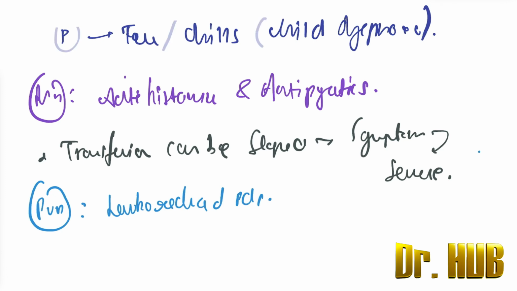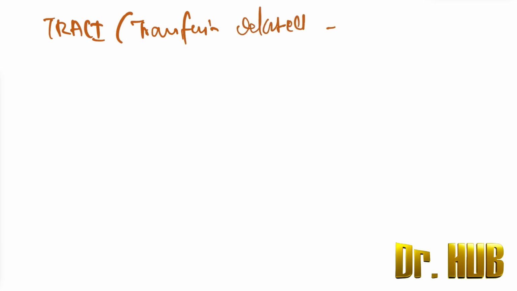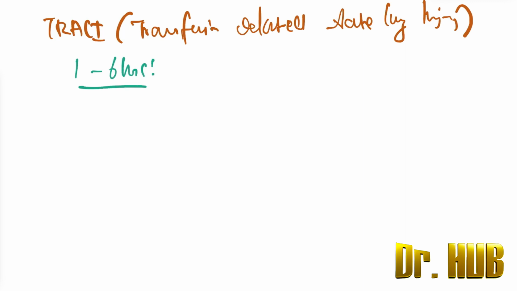Next, we will look at TRALI. In short, it is known as TRALI, which means transfusion related acute lung injury. This occurs within 1 to 6 hours. What is the mechanism?